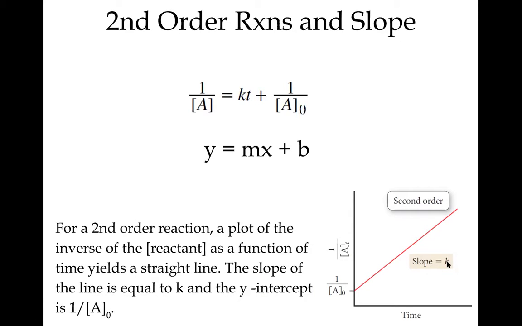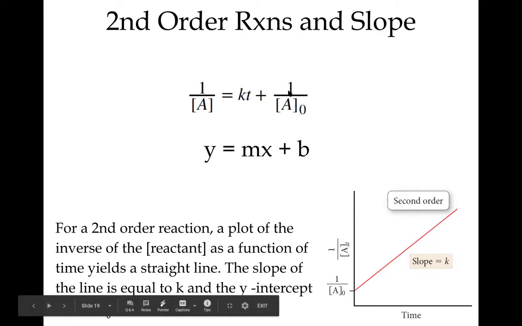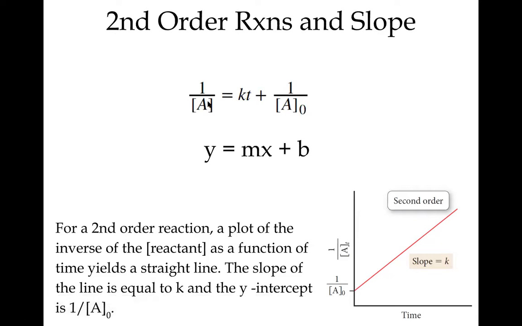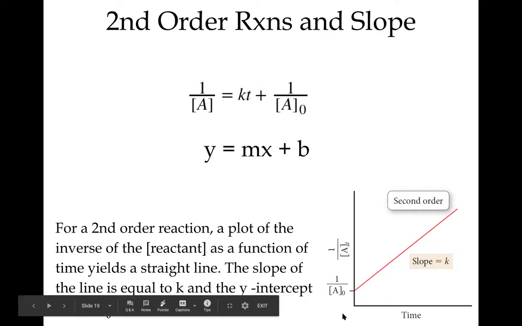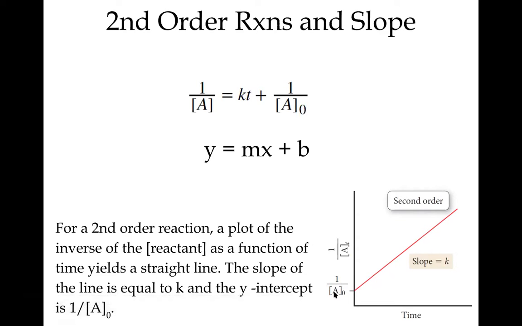Because we plot it as an inverse, because remember, it's not the concentration of A, it's 1 over the concentration of A, right? So that means it's going to be the inverse of the concentration of the reactant as a function of time. Again, we get a straight line, and the slope of that line is equal to k. The y-intercept in this case is 1 over the initial concentration of our reactant that we're looking at, okay?